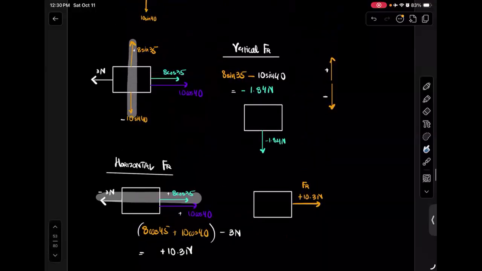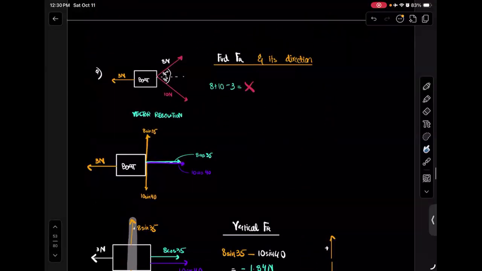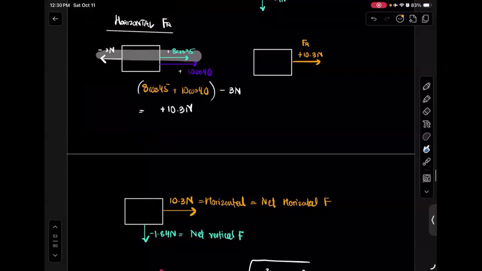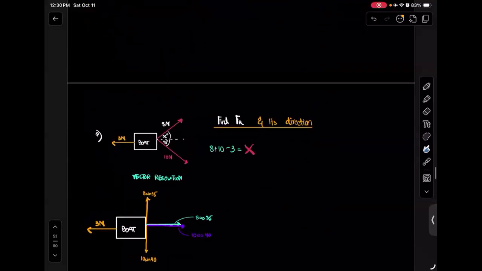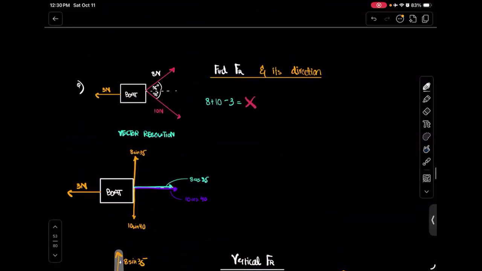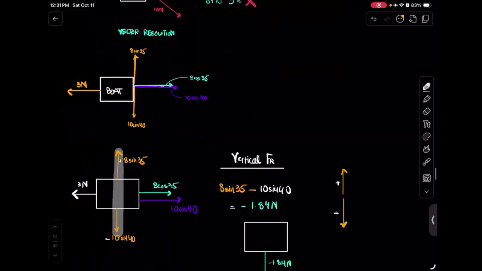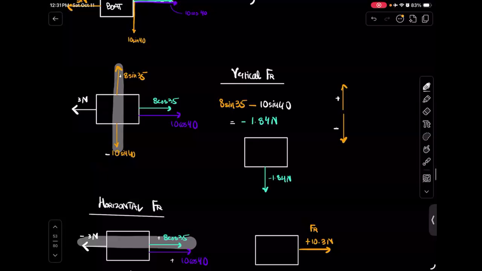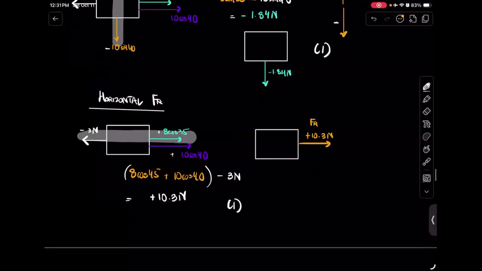By the way, this is not a single question that you will get for like 2 marks. This is a big question, and the total marks could be like 7, or at least 5, where you first break it apart into its components, 2 marks. Then you find the vertical resultant force, 1 mark. Then the horizontal resultant force, 1 mark.